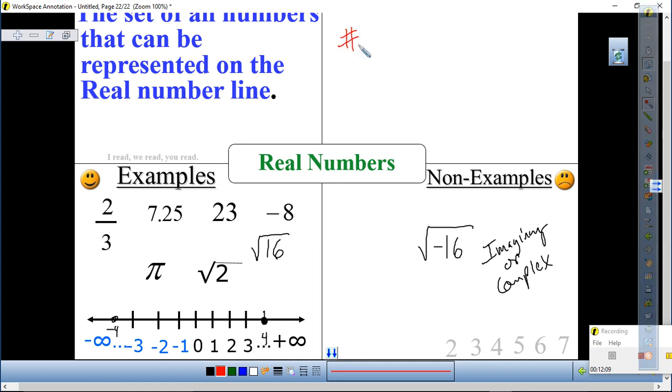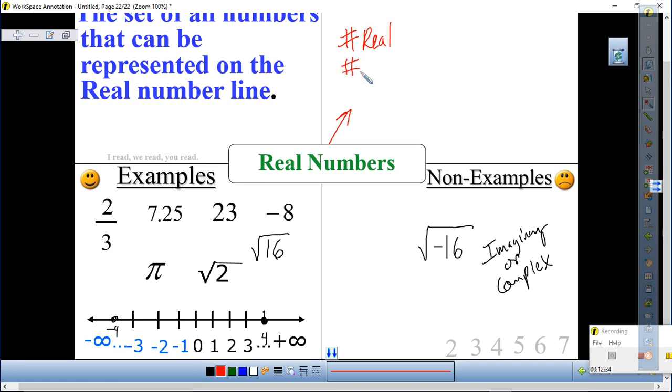Hashtag real. Whoa, that's a good one. Another one.